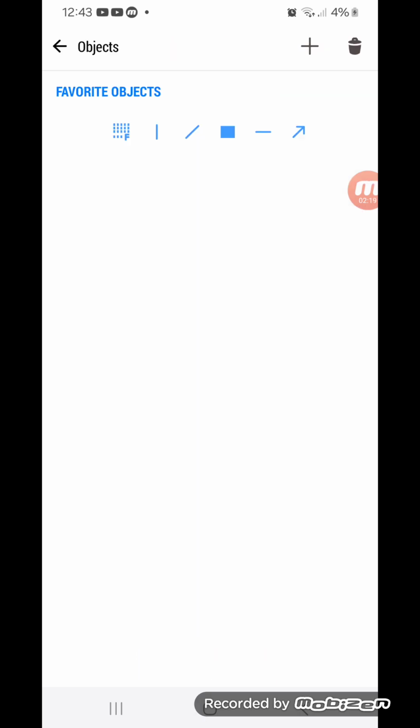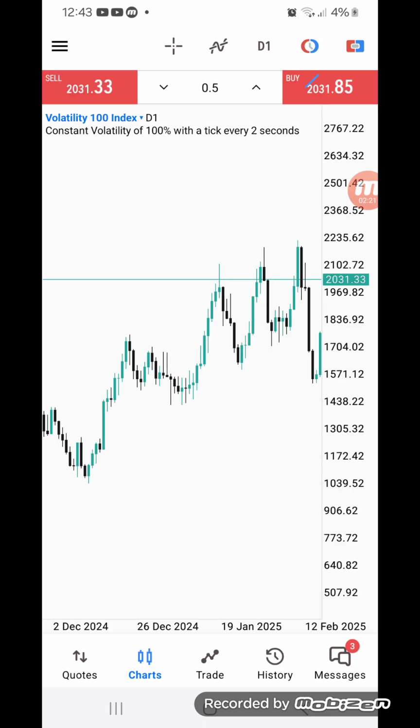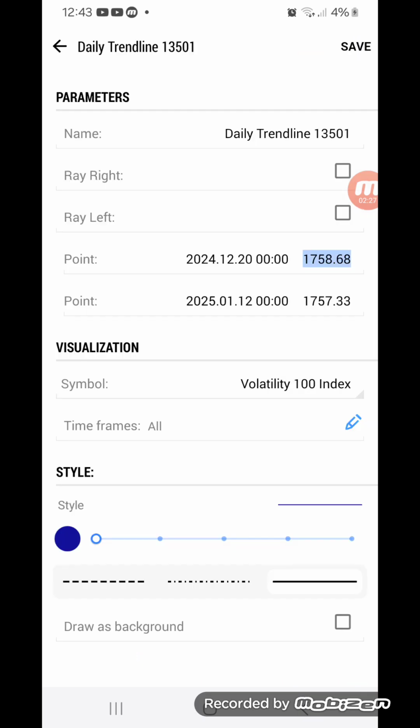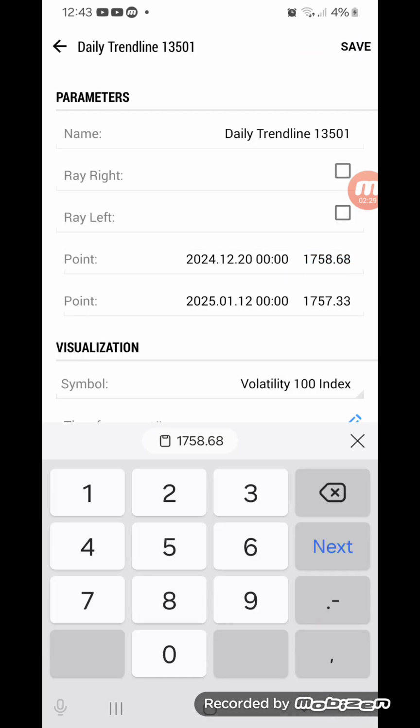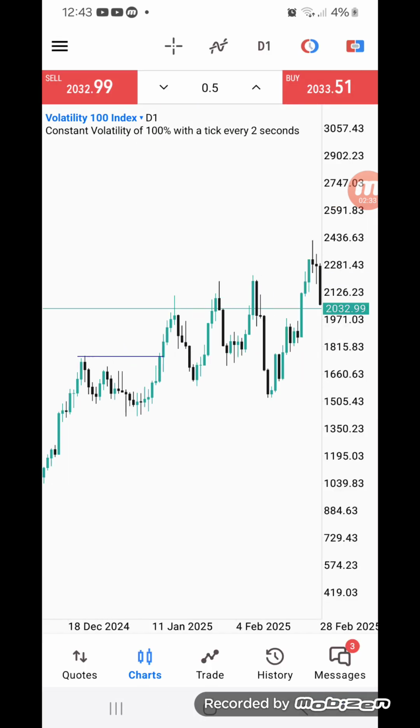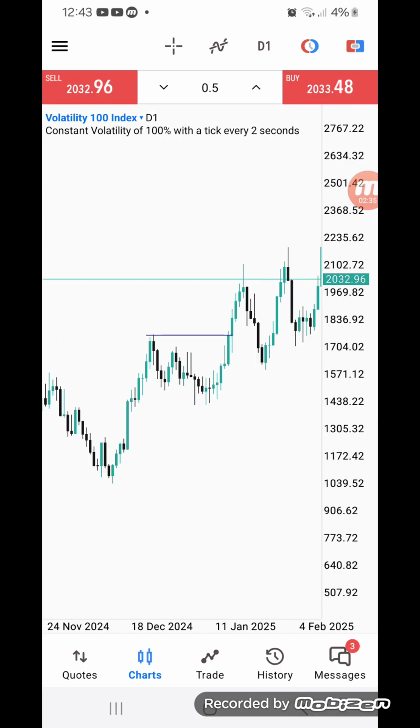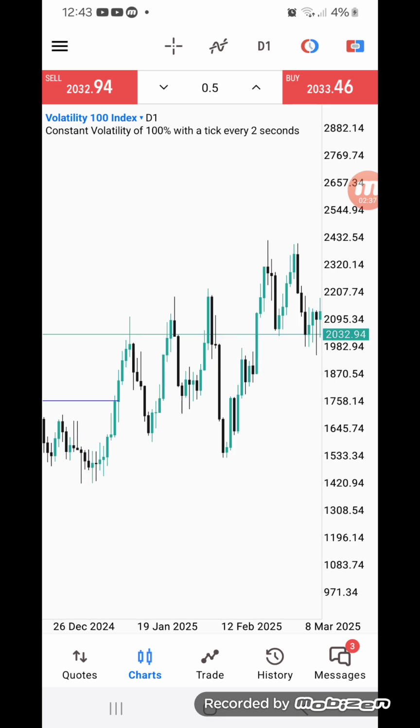Now we can see there is a break of structure. This is clear. It shows that the market is in a continuation. You can see we also have another break of structure here.